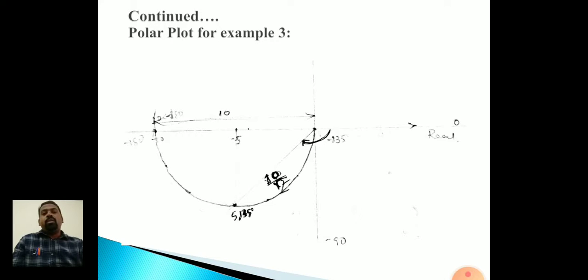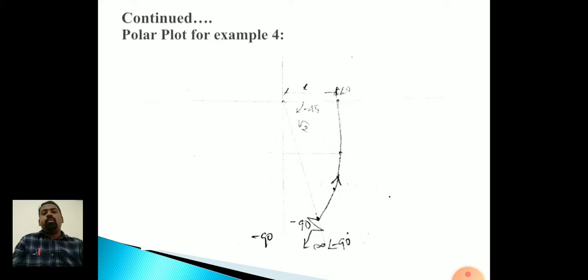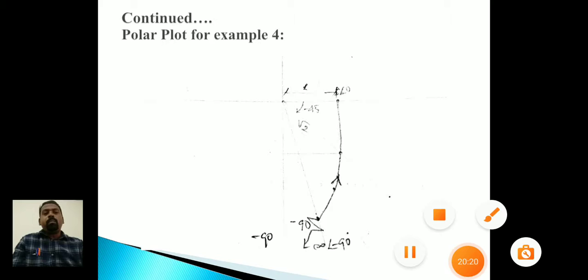In both examples we have seen the curve with three points: the first point, the second point, and the third point at infinity. You can get more points, but it is not required and will consume more time. Three points are sufficient to draw the polar plot. Okay, with this I conclude my session.